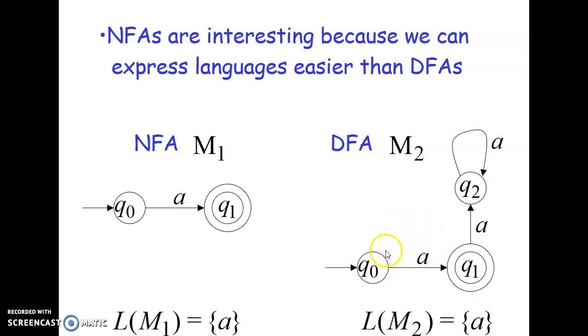But see, there is a huge difference. Here in the DFA you have to give an outgoing edge for the letter A. At the state Q1, in case of a DFA, you have to tell what happens if you get an A again.